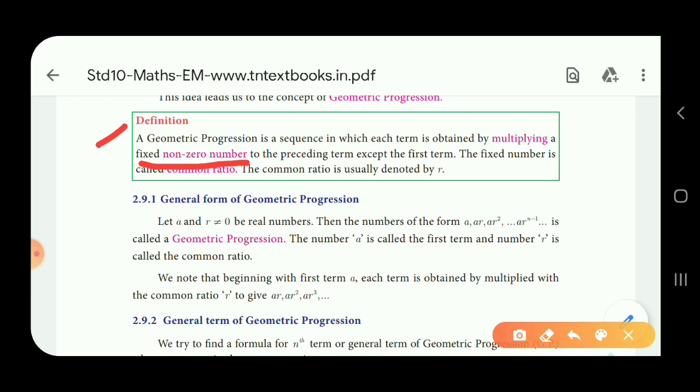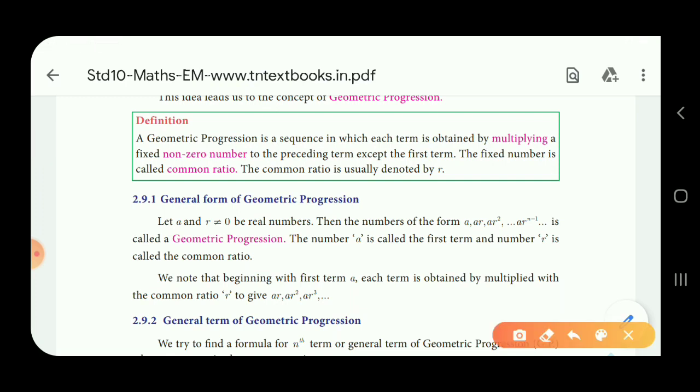The fixed number is called the common ratio. The common ratio is usually denoted by r. This is the main point in geometric progressions.